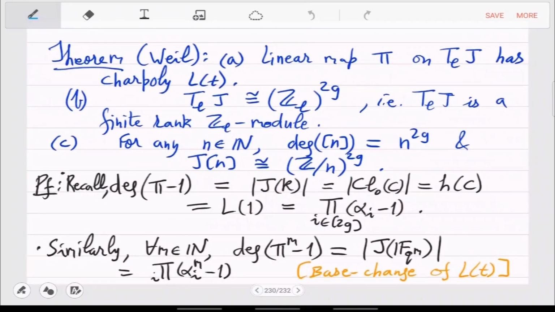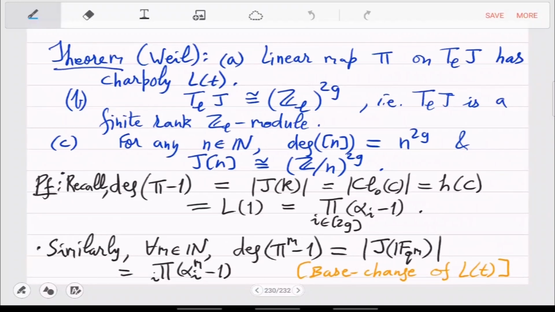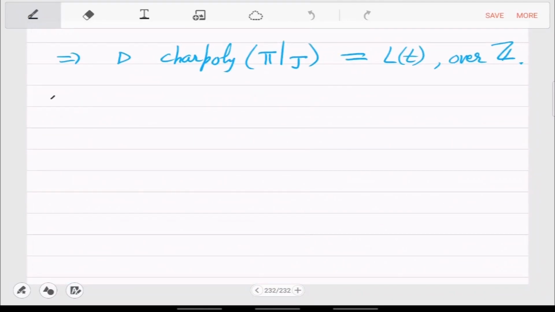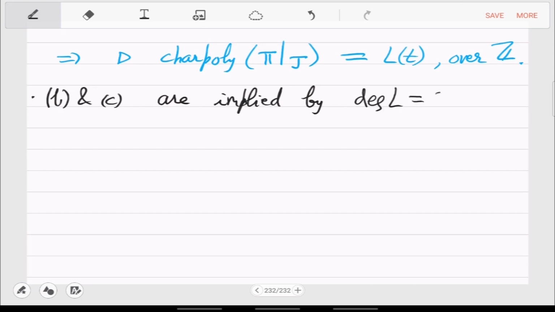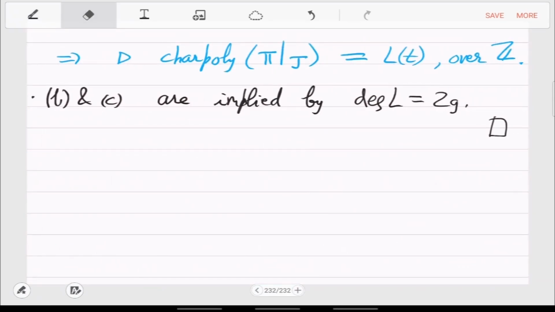Okay. And it actually implies B and C. B and C are implied by the degree of L equal to 2g and the L torsion respectively, so L^i torsion respectively N torsion.